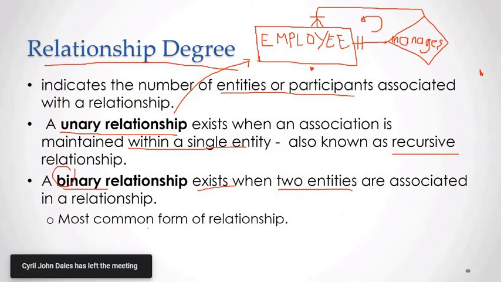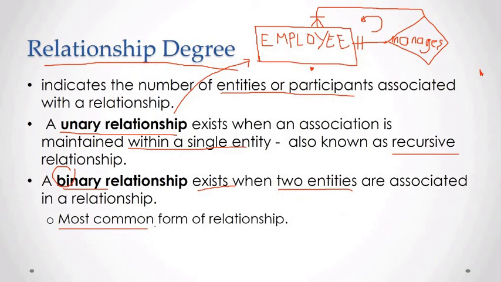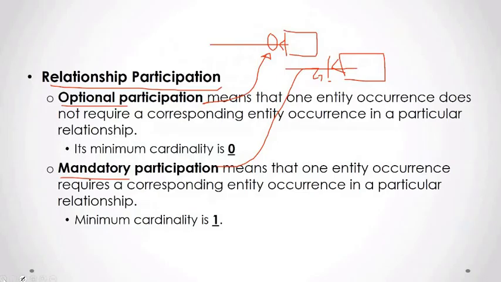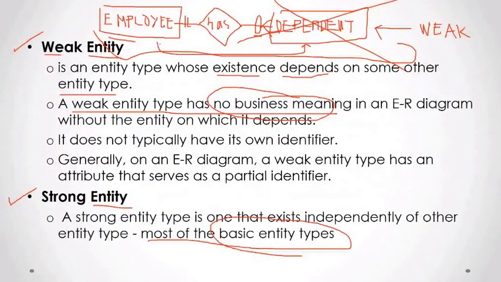And of all the degrees, this is the most common. So an example of binary, I will not draw anymore. This one here. Okay, this is an example of a binary relationship.